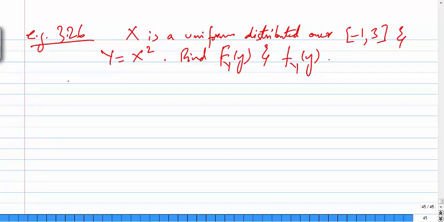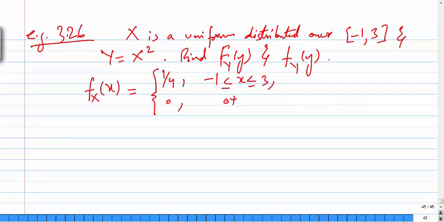Now, because we know that if we write the PDF of a uniform random variable, it looks like 1/4 for -1 < x < 3, and 0 otherwise.